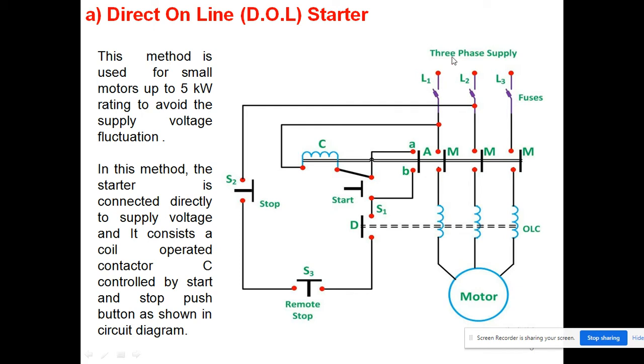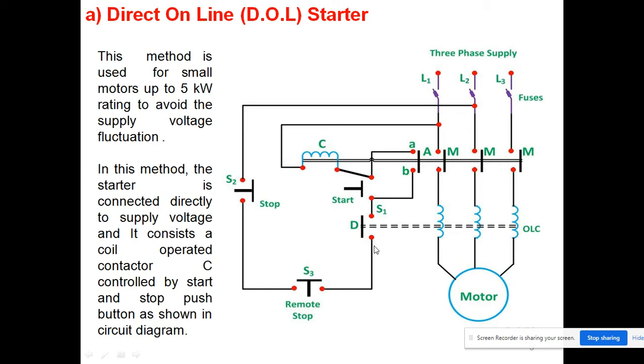Basically what is happening here is, from this three-phase supply, you see line 1 is connected to this portion of our coil C. And from line 2 it is going through here, and the stop button is closed, so the circuit is continuous. Initially this button is also closed. When I press my start button, this circuit is completed.